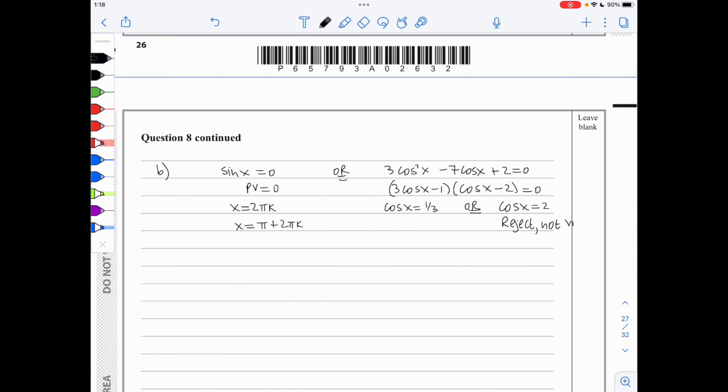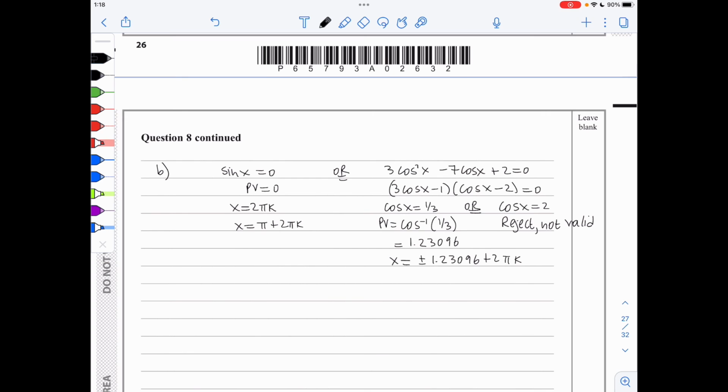And for cosine of x being a third, I use my calculator to get the principal value. My PV is shift cos of a third. Remember, the calculator is in radian mode. This turns out to be 1.23096. So x is plus minus the principal value, so plus minus 1.23096 plus 2 pi k.